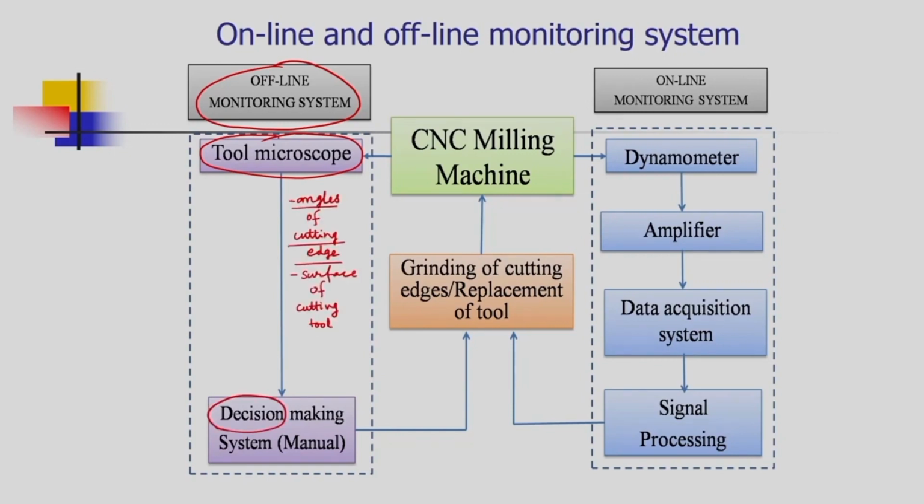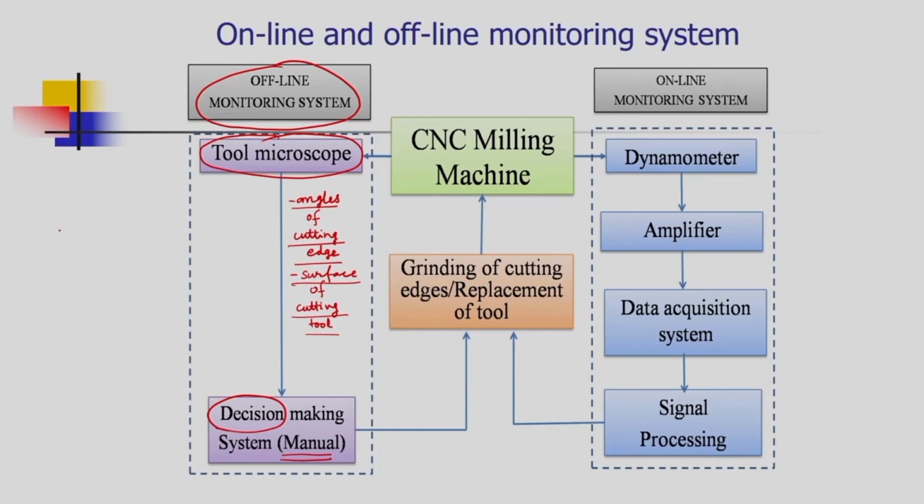So, based upon the angles of the cutting edge and the surface of the cutting tool, the operator will decide whether the tool is to be replaced or the cutting edges are to be resharpened. So, that is the manual mode of the tool monitoring system.